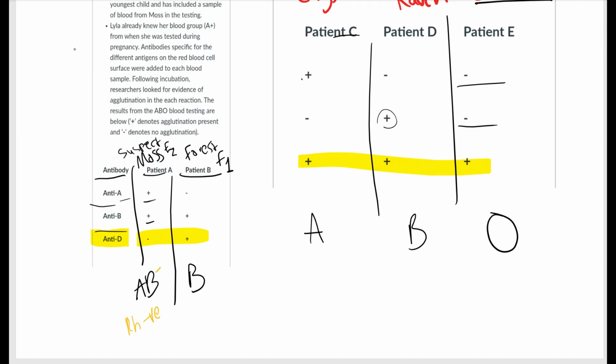For patient B, we have positive, so agglutination, that means it's RH positive. And this goes the same for these. And now we have basically figured out the different type groups depending on the results we have been given.